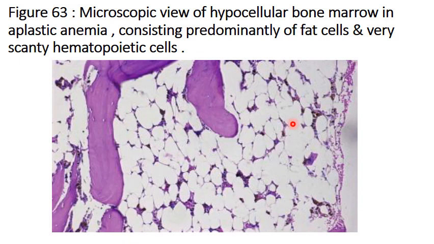Actually, more than 90% of the bone marrow in a patient with aplastic anemia is occupied by fat. The cellularity is just confined to the plasma cells and the lymphocytes. The predominant cells are fat cells, and very scanty hematopoietic cells are seen.